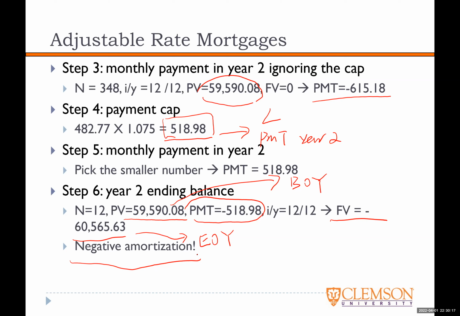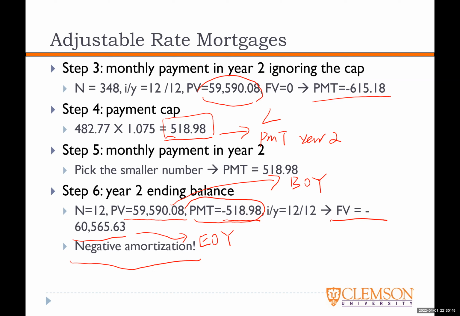How did that happen? It happened because your monthly payment dropped from $615 to $518, which is almost $100 less. So this amount, $518, is not even enough to pay for the interest.